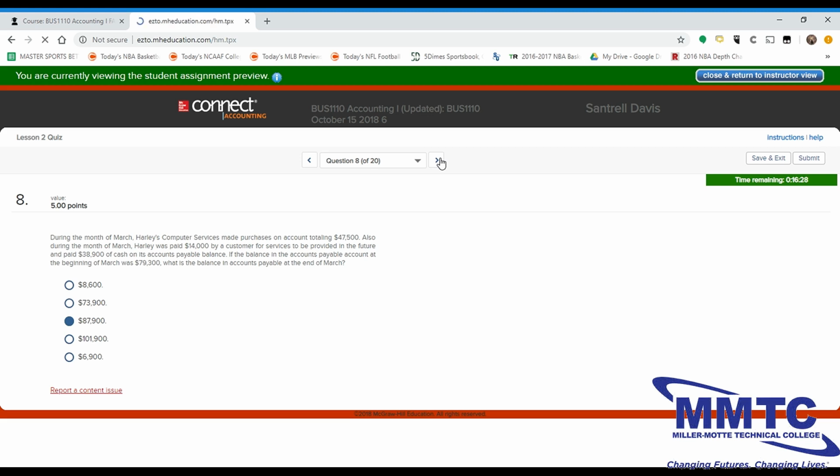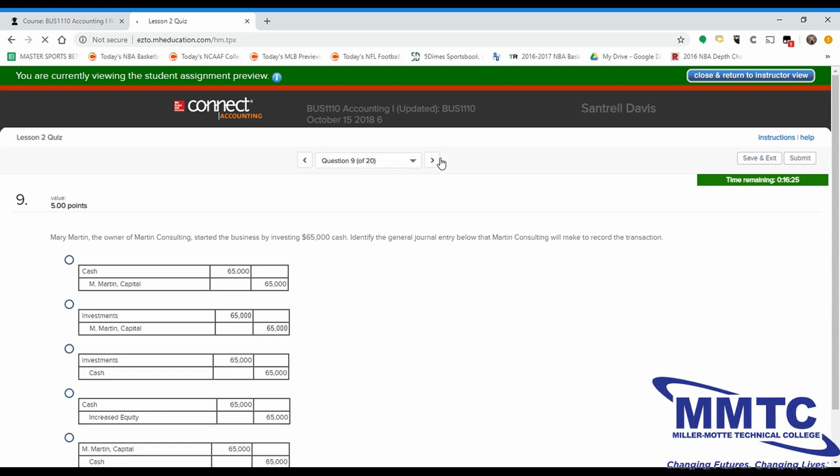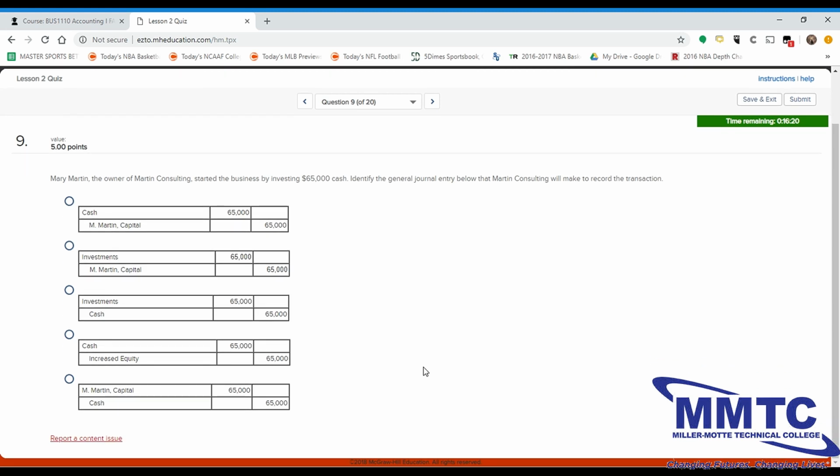So that's unearned revenue. We owe them services, but it's not an account that we took out, like a bill. So this is just unearned revenue. As of now, I don't think we do anything with that, but we'll find out at the end of the quiz. All right?